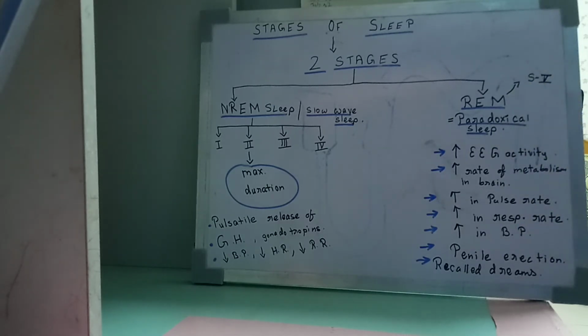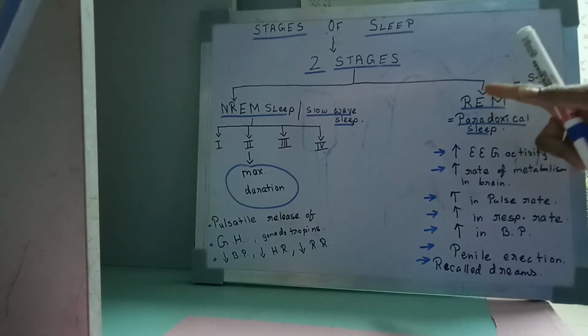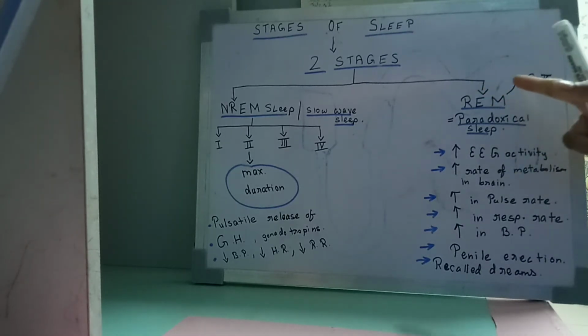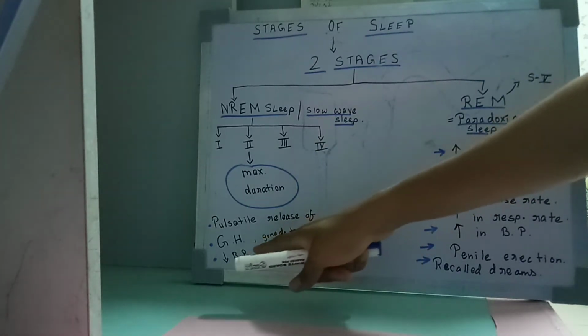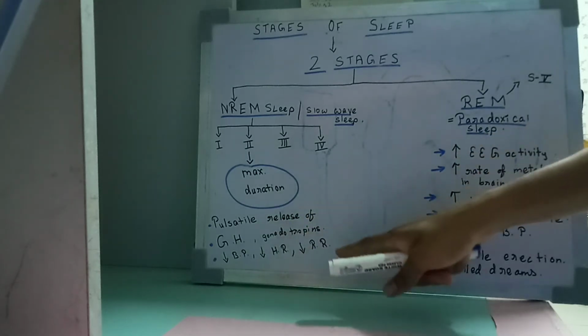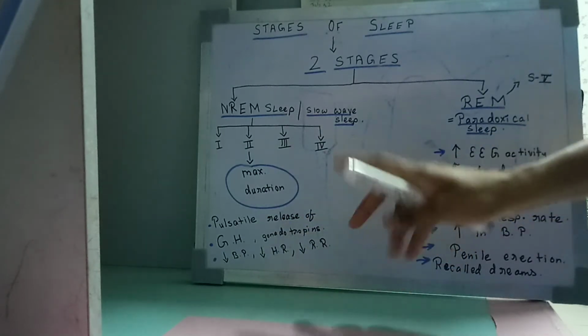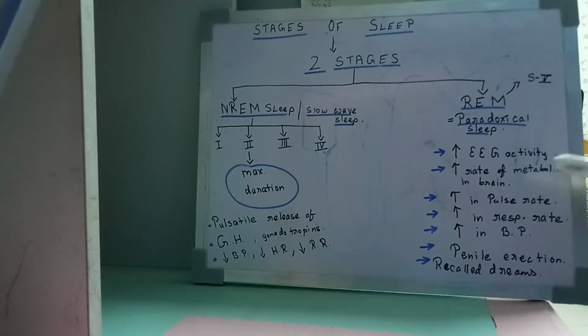Okay. Now, REM sleep, as the name suggests, rapid eye movement. So there is presence of rapid eye movements at this stage. And remember, in the previous stage, the parameters were decreasing: blood pressure, heart rate, respiratory rate. So vice versa in this stage.